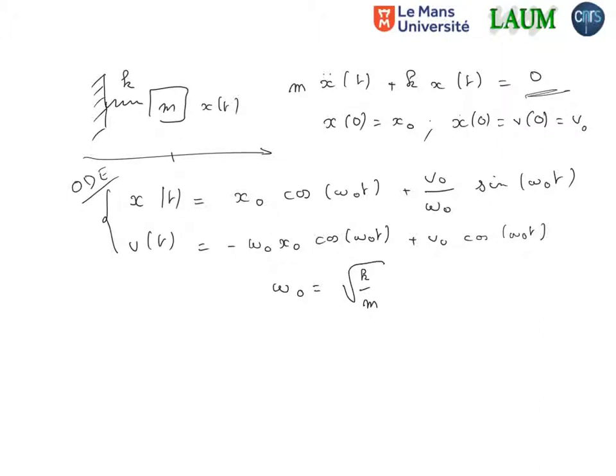So we see that everything is known in these two expressions, because x0 and v0 are given by the initial conditions, and omega 0 is given by the physical parameters k and m, so we can know exactly what x and v are.